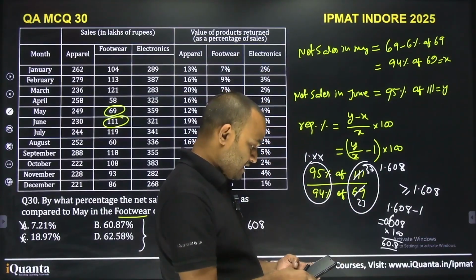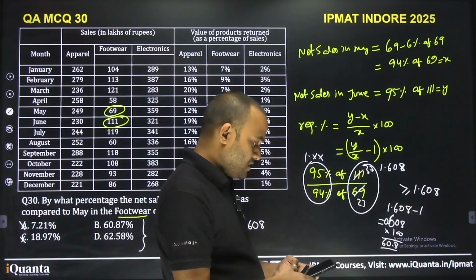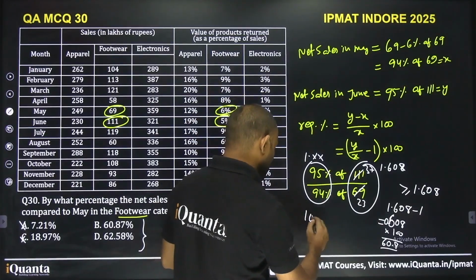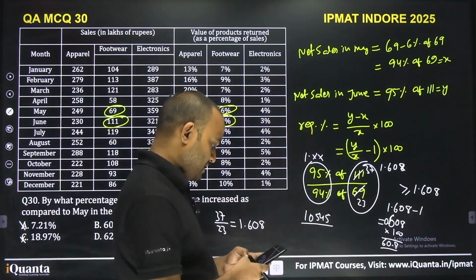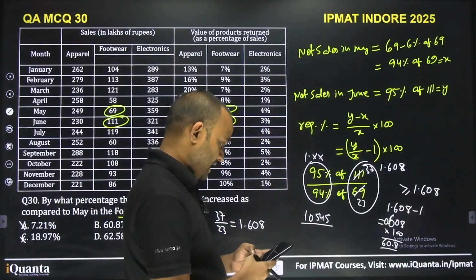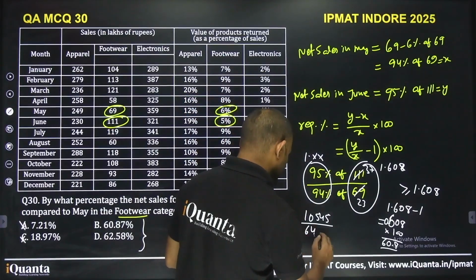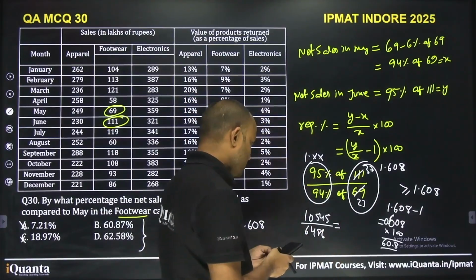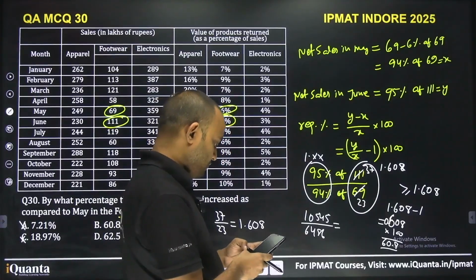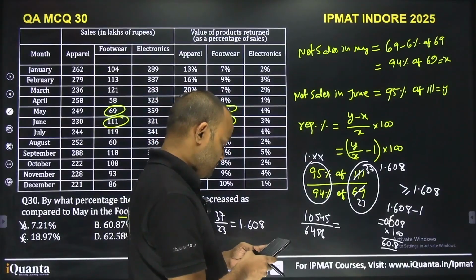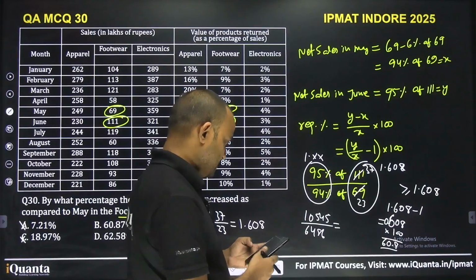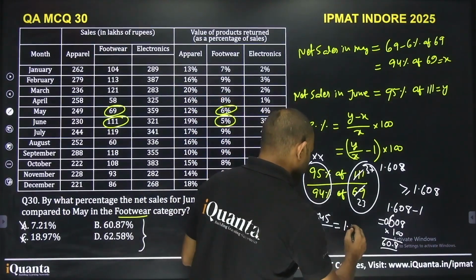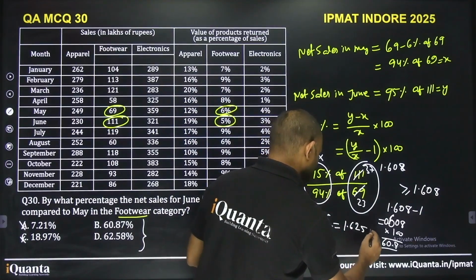So I am doing 95 into 111, which is 10,545, and I am dividing this by 94 into 69, which is 6486. So 10545 divided by 6486 is equal to 1.6258.